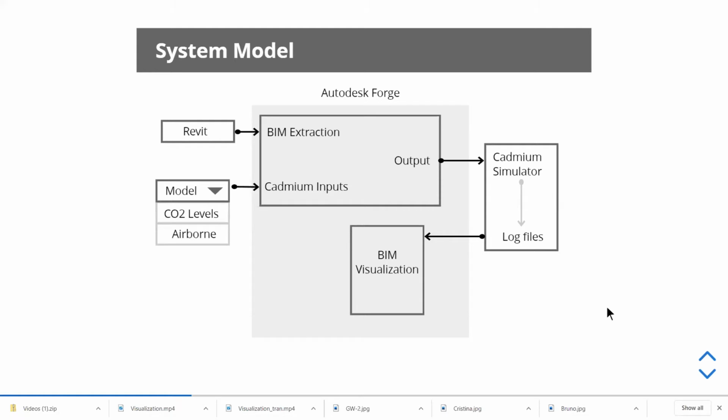On the other end, a few architects have more programming knowledge, but there are a few who do not. So we want to make it easier for them to access Cadmium or simulation tools without complex programming. They can simply define, okay, I want to see the CO2 levels in the room, or the airborne spread inside the building, choose the model, and then it pushes out the data, and we run the simulation at the back end and visualize it.